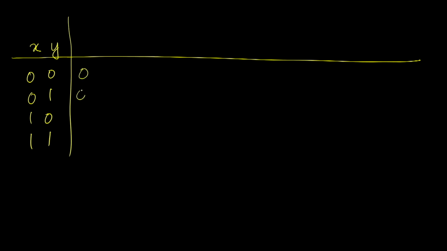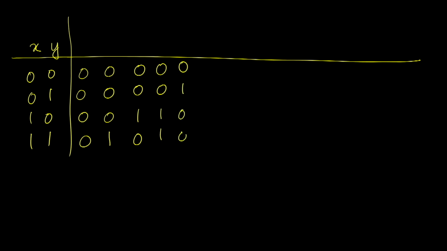So the first one is 0, 0, 0, 0 and the next one is 0, 0, 0, 1. Third one is 0, 0, 1, 0 and the fourth one is 0, 0, 1, 1 and the next one is 0, 1, 0, 0, then 0, 1, 0, 1, 0, 1, 1, 0, 0, 1, 1, 1.